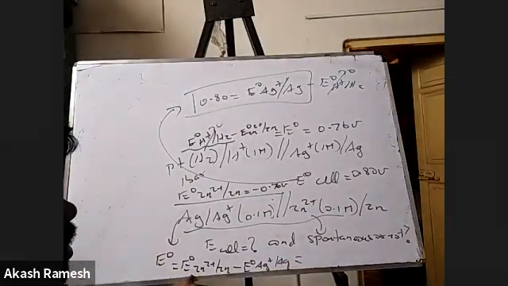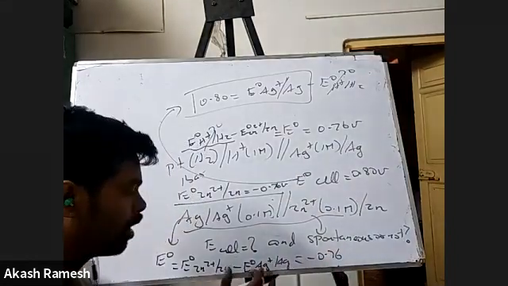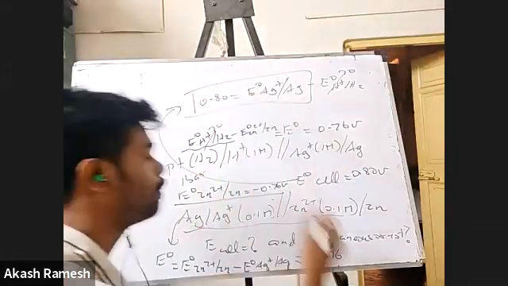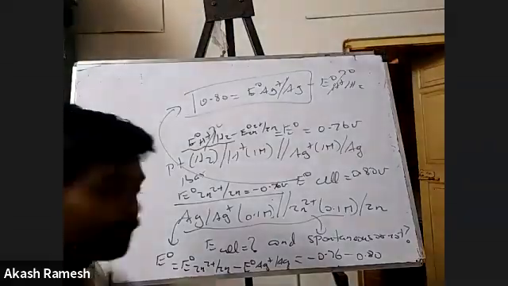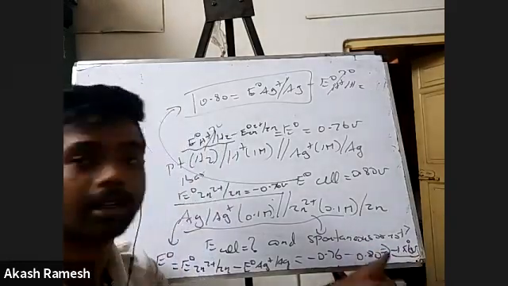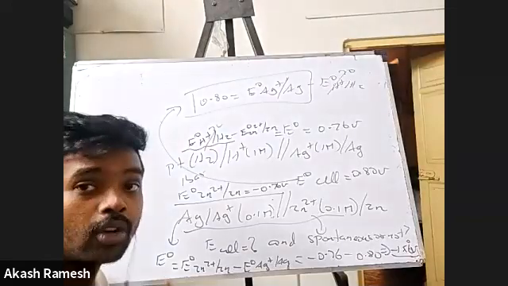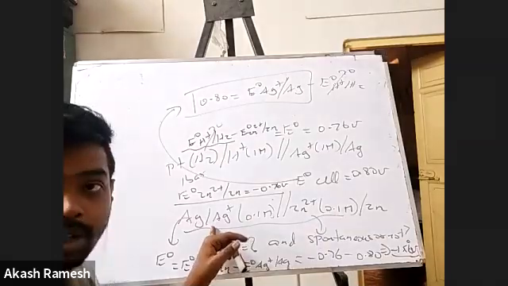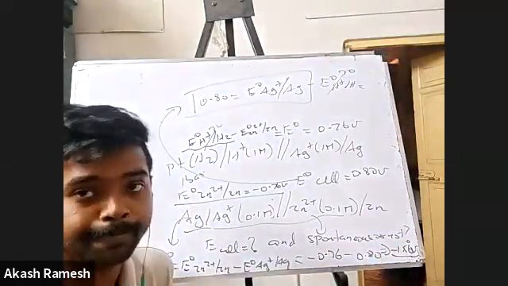E naught Zn is minus 0.76, minus E naught Ag plus bar Ag, which we just found to be plus 0.8. There is a negative sign here, so it will become minus 0.80. What will be the total value? Minus 1.56 volts. Not the answer, the E naught. We are still finding only E naught, reduction potential of this minus reduction potential of this, both found from the previous equation, and that is minus 1.56.